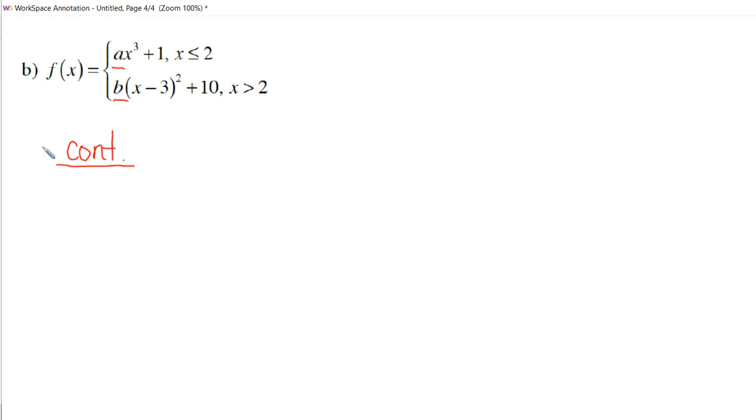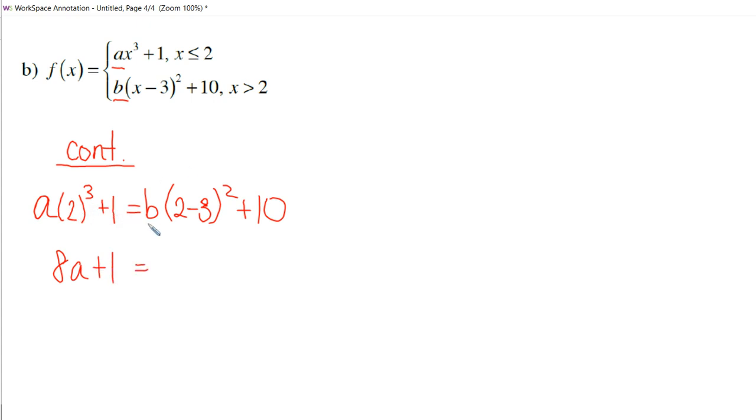We know that if I plug in 2 into the top one and the bottom one on my x's, they should be the same. So if you work this out, 2 cubed is 8, so we get 8a plus 1 equal b plus 10, and that's as far as we can reduce right now.